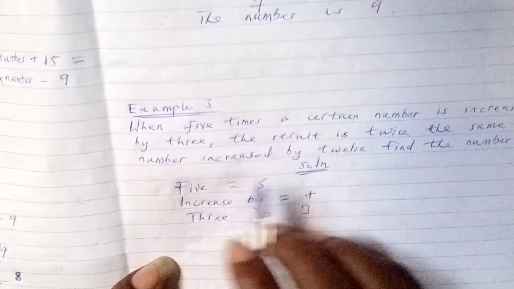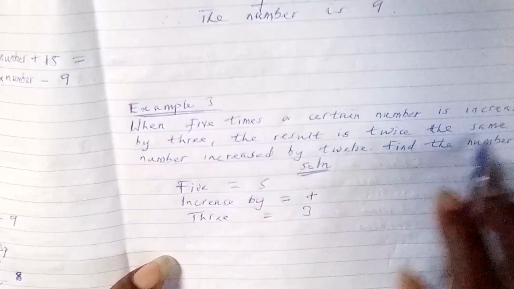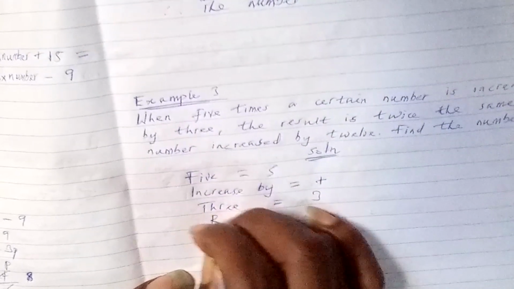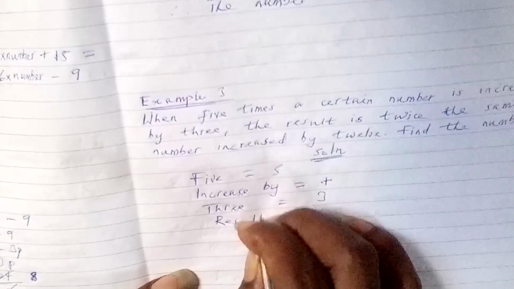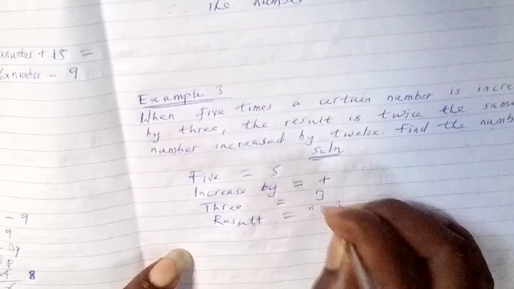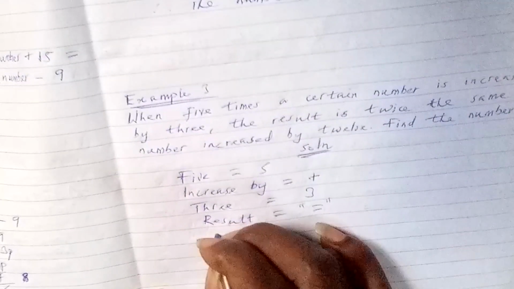Then, when it was increased by 3, the result is twice the same number. The result, we know from mathematics that result means equal to sign. Then, the result is twice. If you see twice in mathematics, then we are talking about 2.